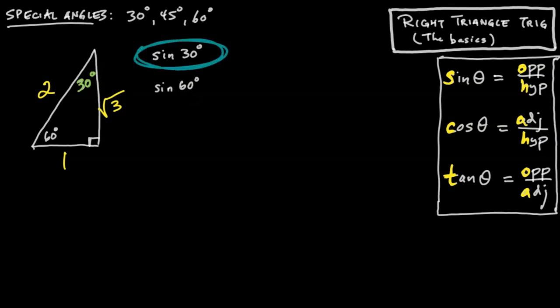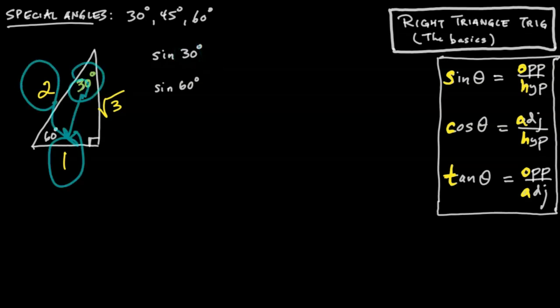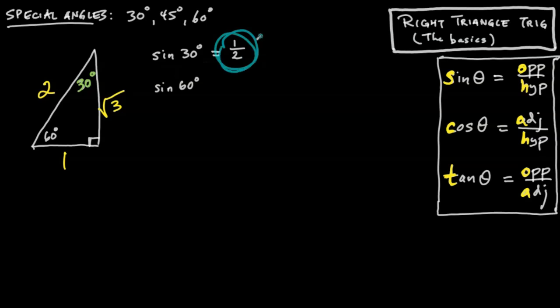Well, the sine of 30 degrees, what does that mean? Help us, O great SOH CAH TOA. So that tells us that sine of 30 degrees is the ratio of the side opposite to the hypotenuse. Well, we see that ratio is 1 to 2. So that's it. The sine of 30 degrees is exactly 1/2.